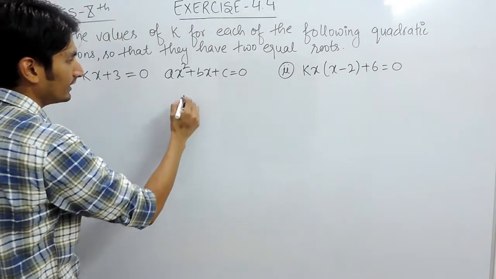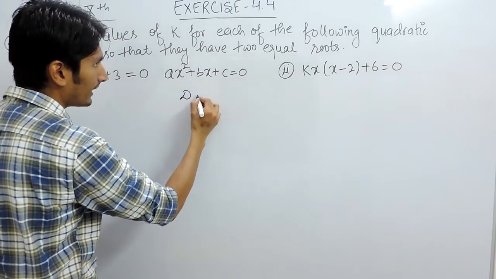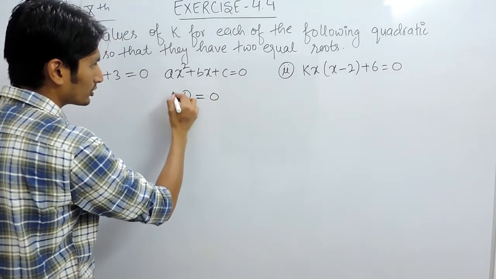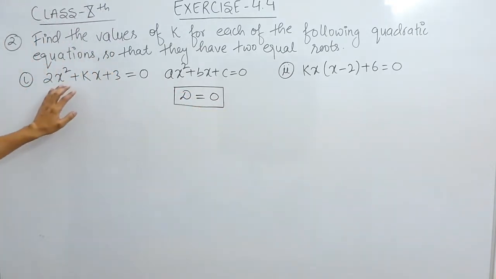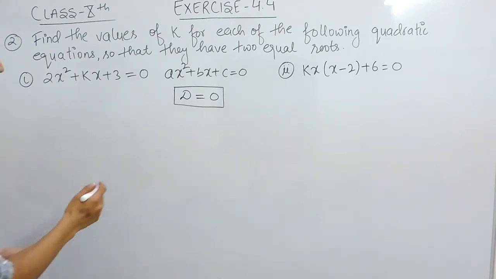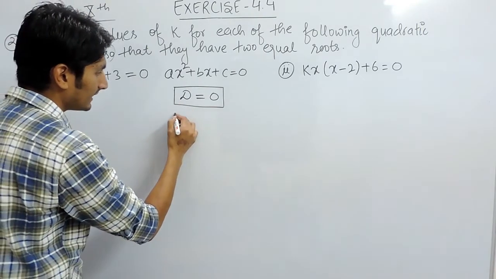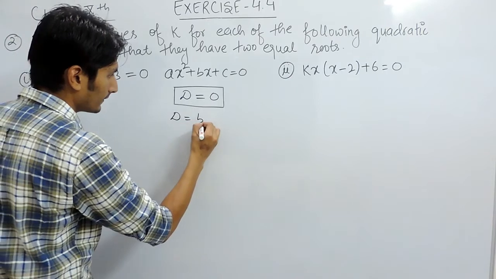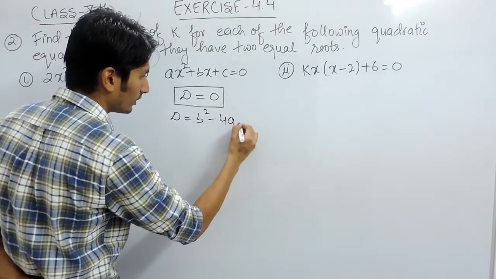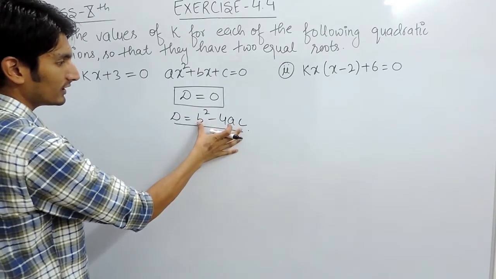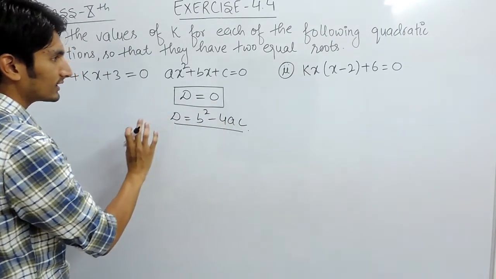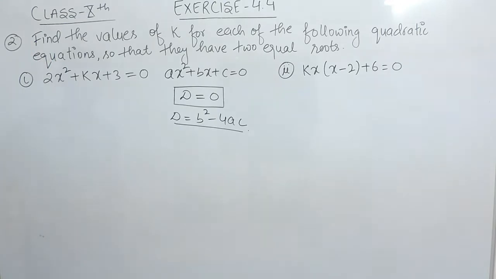Till now we know that if the value of the discriminant is equal to 0, in that case the roots of the quadratic equation will be equal, and the discriminant is basically b square minus 4ac. If the value of this is equal to 0, then clearly the roots of these equations will be equal.